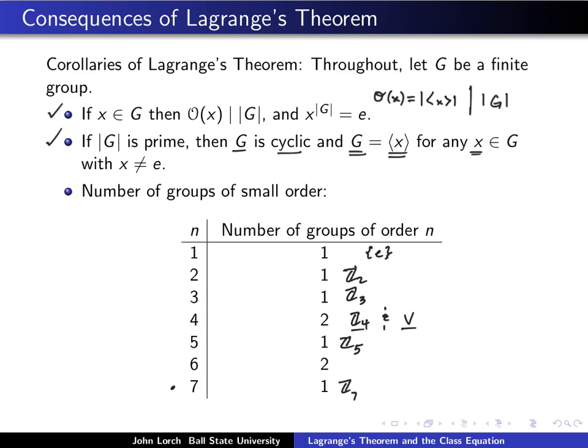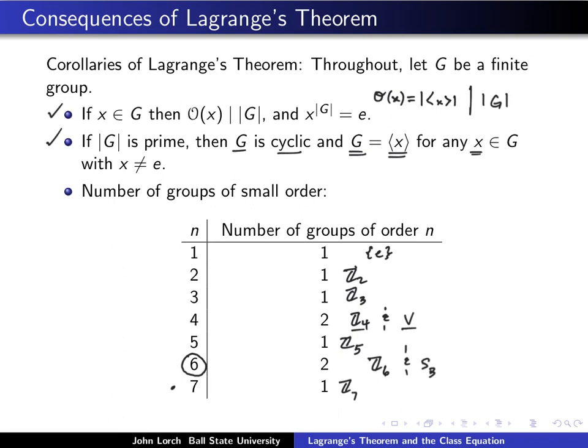And then that leaves groups of size 6. It turns out that there are exactly 2 groups of size 6. There's Z6, which we're familiar with, and then there's also the symmetric group S3. You might be wondering, how do we know that those are the only 2? Well, we're going to do an exercise in this section that uses Lagrange's theorem to help us see that.